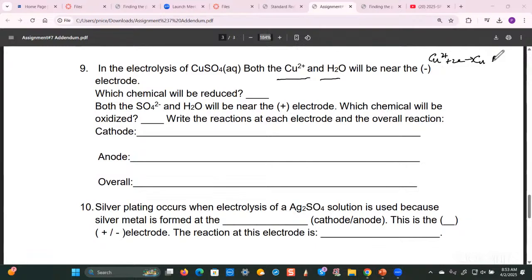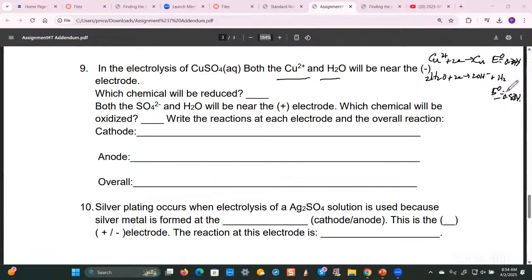And the EMF value for that, when I looked it up, is 0.34 volts, right? Now, the water reduction, H2O plus 2 electrons to form 2OH minus plus H2. The standard EMF value for that is, again, minus 0.83 volts, right?